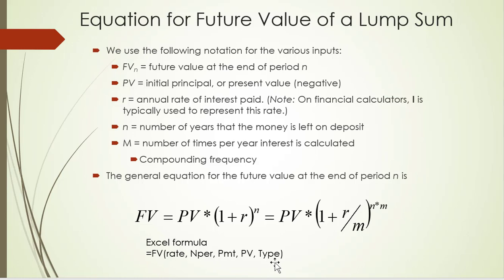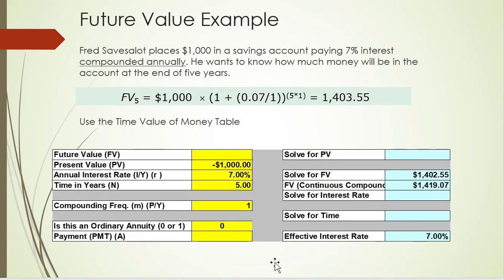Type refers to when the actual cash flow occurs. The default is 0, which is today. So in this case, it's an ordinary annuity, which means the cash flow occurs at the end of the time frame. So here is an example.